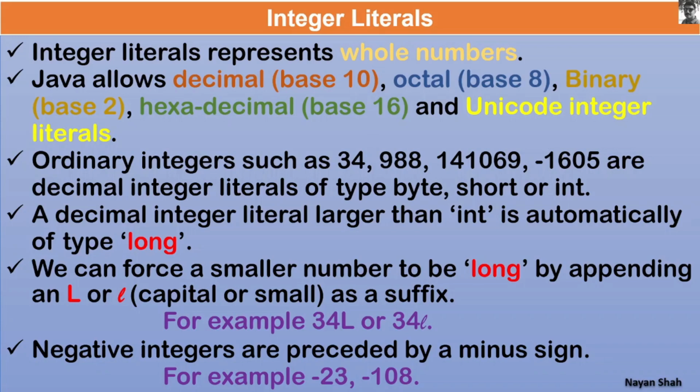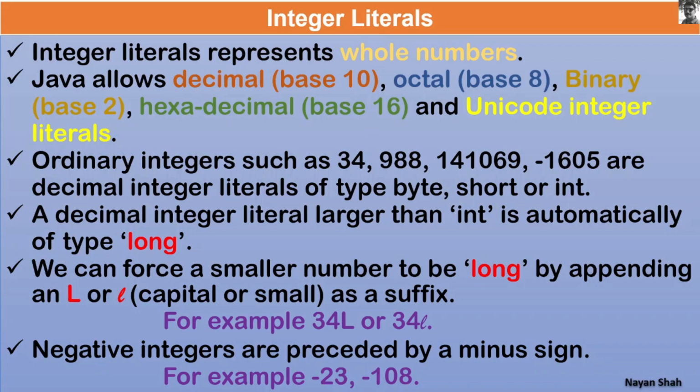A decimal integer literal larger than integer is automatically of type long. So for a decimal integer literal whose size is bigger than integer, the range of which we have seen in the table, it is automatically of type long. We can force a smaller number to be long by appending small or capital L as a suffix.